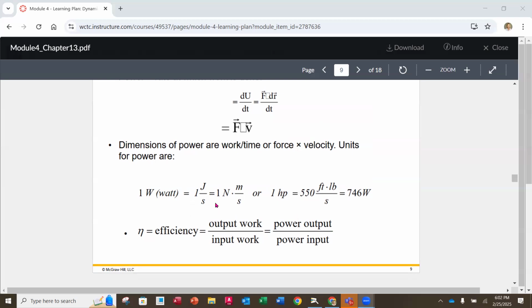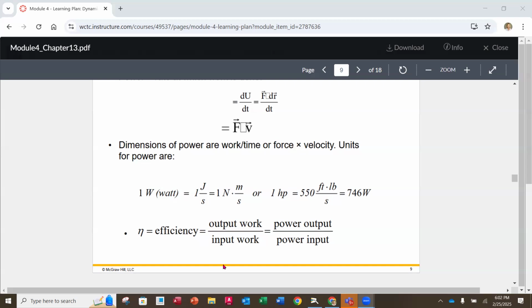For 1 horsepower, we say that's 550 foot-pounds per second, which is also equal to 746 watts if we wanted to convert back to the metric system. But we always report in horsepower, and the units that we get from the problem are going to be in foot-pounds per second. So there's 550 foot-pounds per second in 1 horsepower.